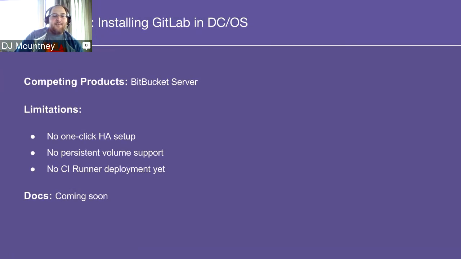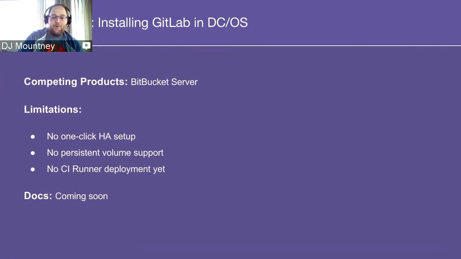I think that's something that's really compelling, being able to have a runner master in DCOS and be able to start new instances of the runner as needed to run your CI builds and stuff like that. So documentation is coming soon. Documentation will be out before the release, or at least on the release of GitLab in DCOS, which is happening on September 15th.